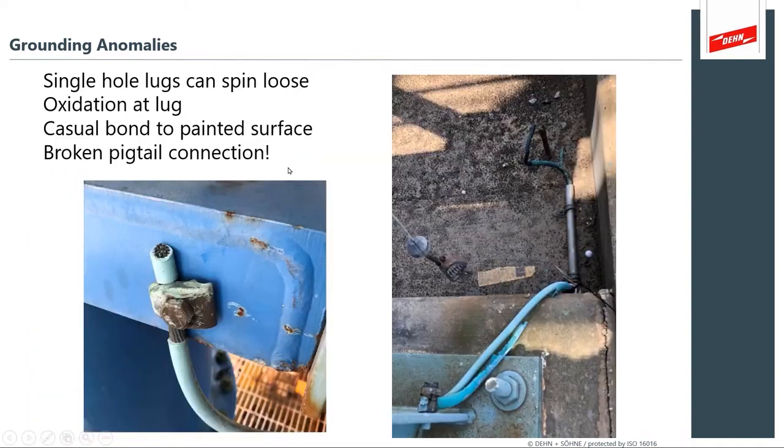More grounding anomalies. Here we've got a single hole lug that can spin loose. You've got oxidation on the lug. It looks like it's probably a casual bond because you've got a wire that's just pressed against a painted surface. Off to the upper right, you can see a broken pigtail connection. These are the things you're looking for that are going to be signposts telling you that you're going to have problems in these areas.